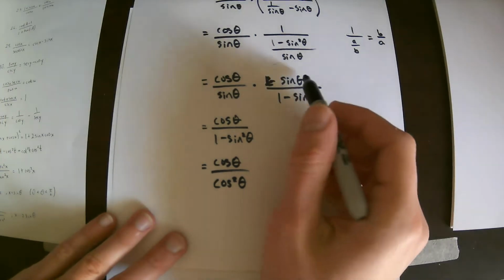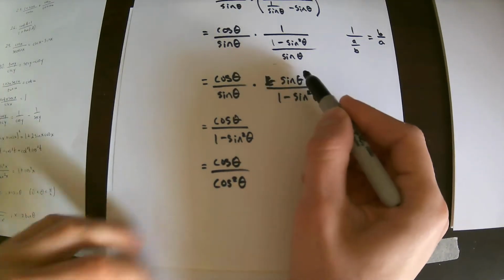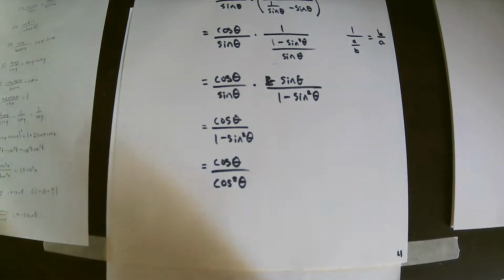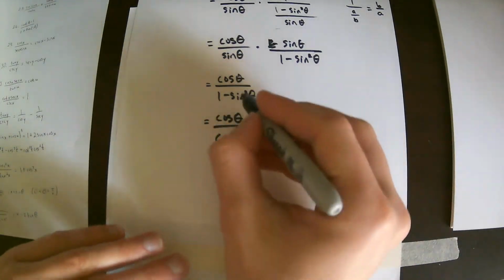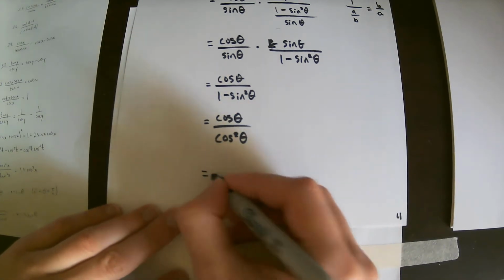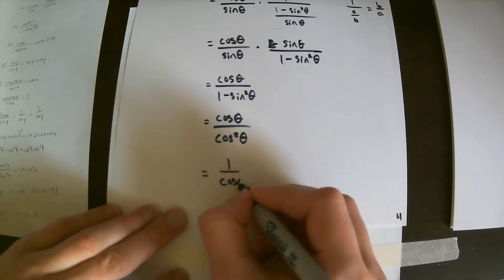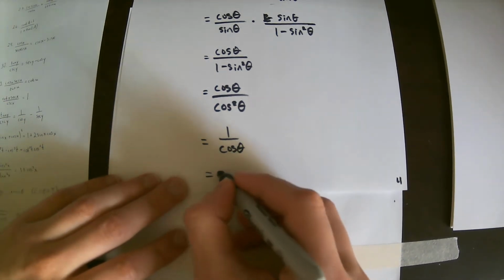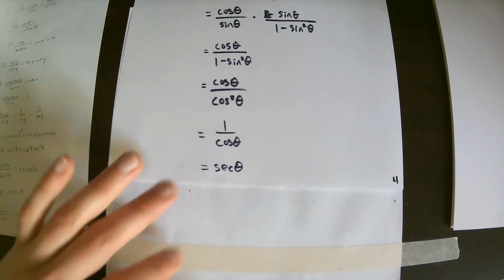By the way, back here, I canceled these sines and then multiplied this fraction together to get this. Then 1 minus sine squared is cosine squared, and this is 1 over cosine theta, and that is secant theta.